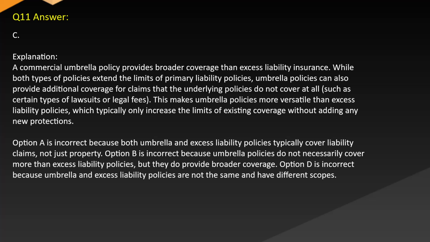Option A is incorrect because both umbrella and excess liability policies typically cover liability claims, not just property. Option B is incorrect because umbrella policies do not necessarily cover more than excess liability policies, but they do provide broader coverage. Option D is incorrect because umbrella and excess liability policies are not the same and have different scopes.